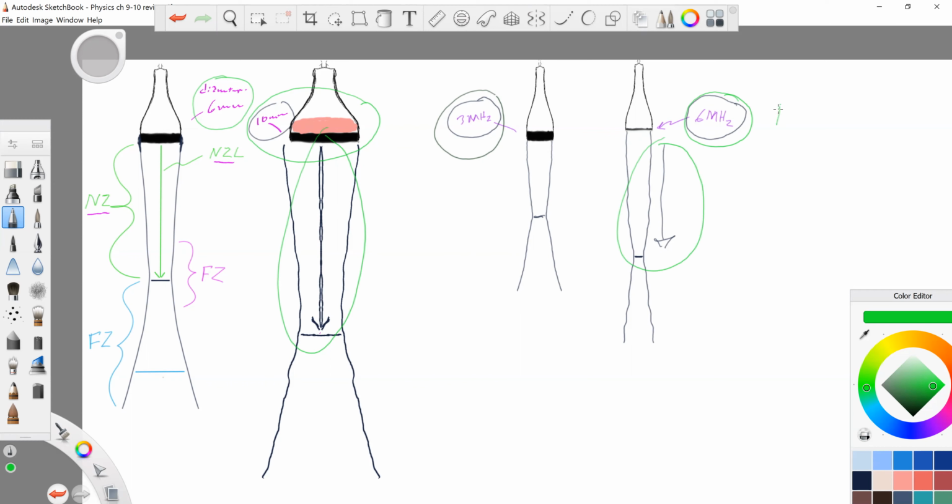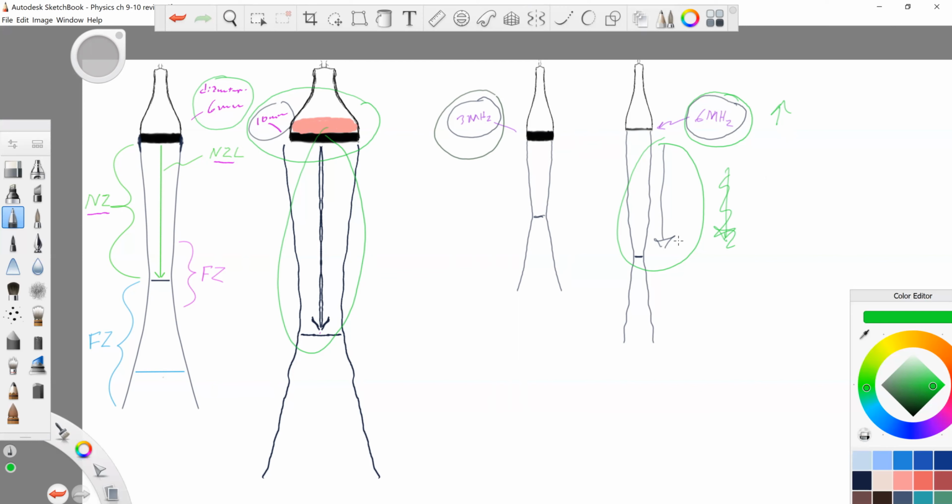So the higher the frequency, the longer. I'll put my arrow this way. I see that doesn't make sense. Well, you get it. Higher frequency, higher near zone length, or longer near zone length. So they're actually directly related, aren't they?